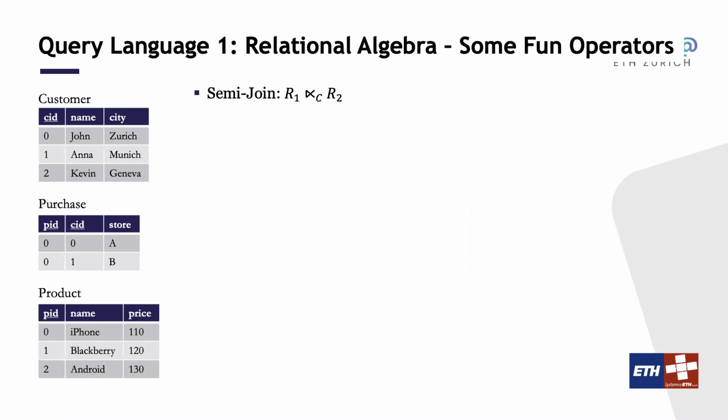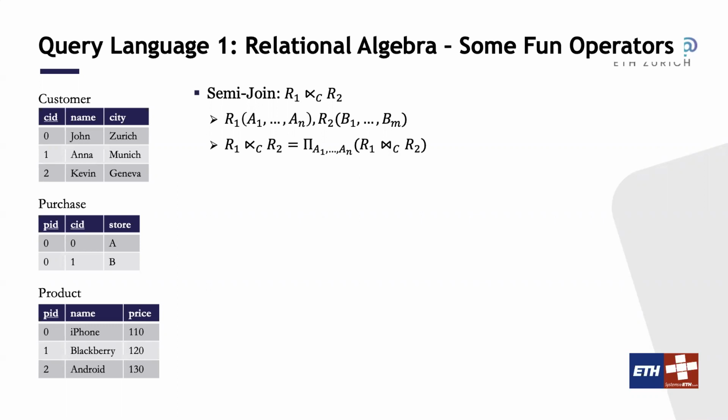So that's division. There are other operators that are kind of interesting. One very interesting operator is semi-join. You are going to see it maybe in the last week of the course. We are going to use it again, but remember that. The semi-join between R1 and R2 is defined as follows.